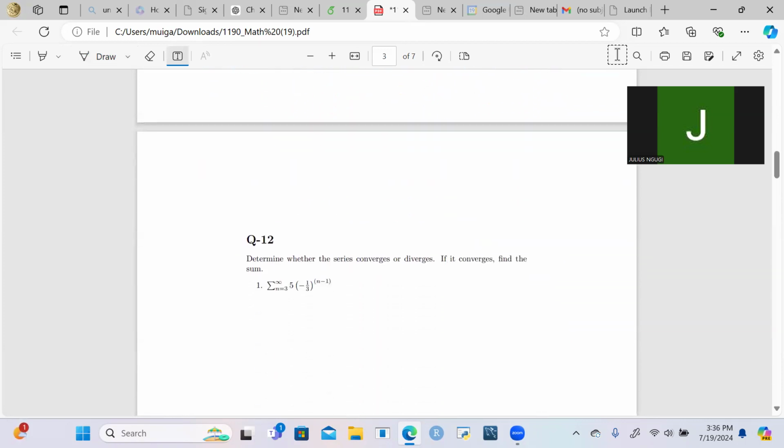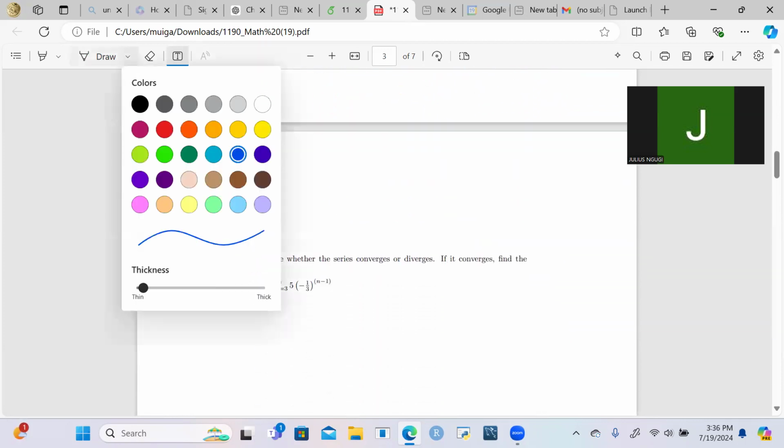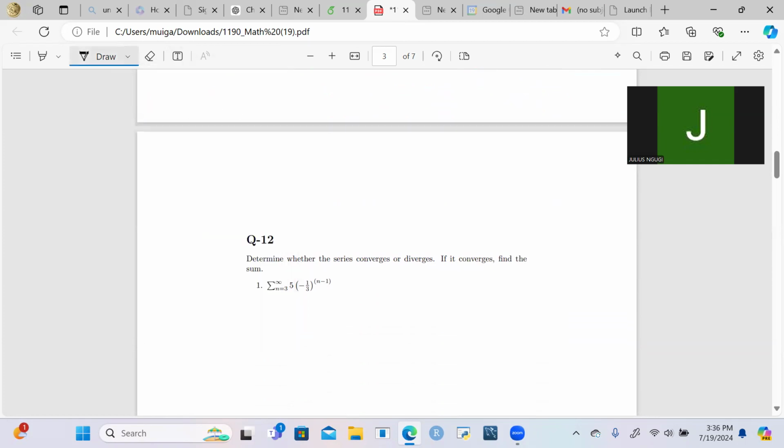Let's go to question number 12, part 1. I'll change the color. So I have to determine whether the series converges or diverges. If it converges, find the sum. So we will try to simplify this one. We have the sum as n starts from 3 to infinity.